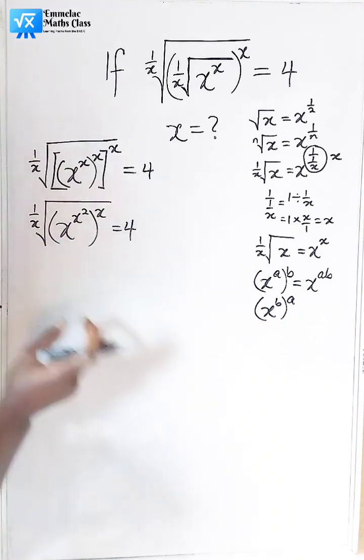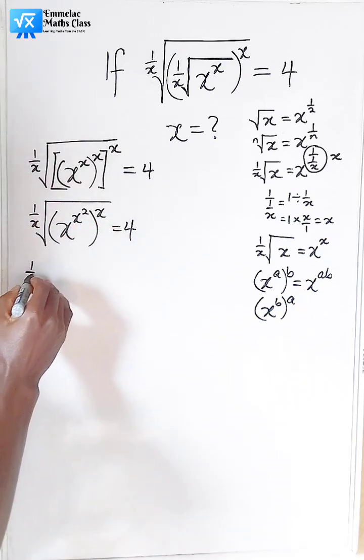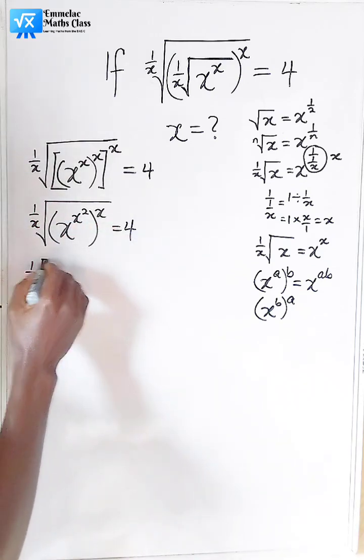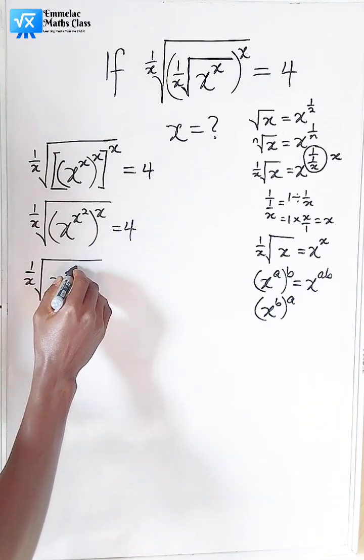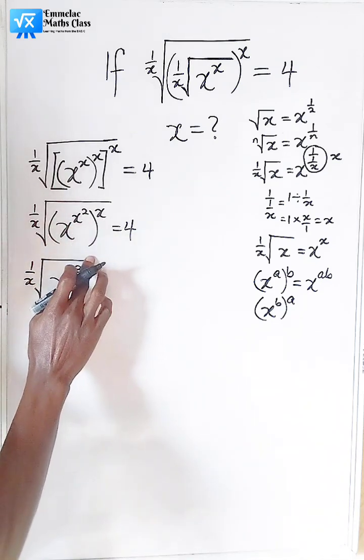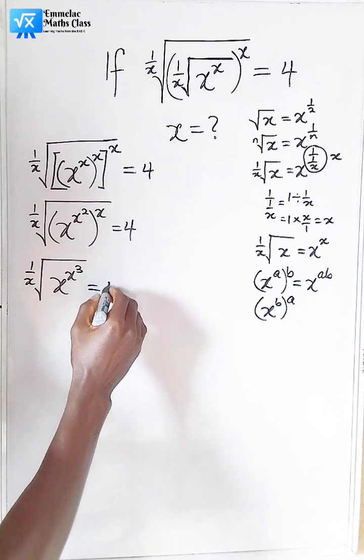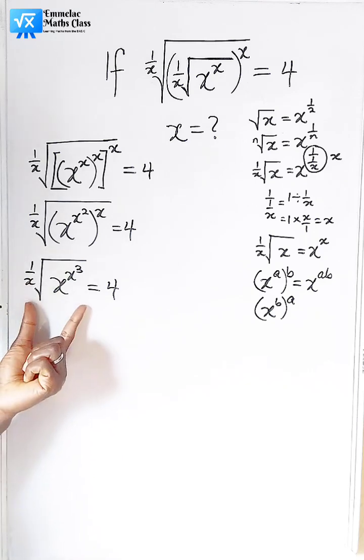Still applying the same rule, we have x raised to the power of 3, because x raised to the power of 2 times x gives us x raised to the power of 3, then equals 4.